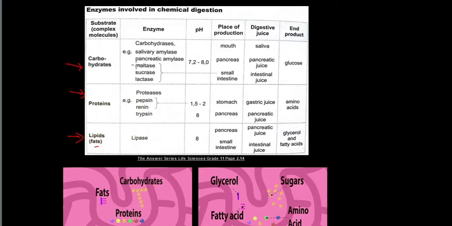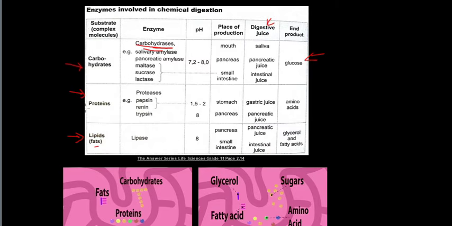For carbohydrates, the enzyme that helps with their digestion is very easy: carbohydrases. You also need to know where they are produced, in what digestive juice they are found, and what the end product of that digestion is. Carbohydrates, in their most simple form, are glucose. That is the end product of digestion there.